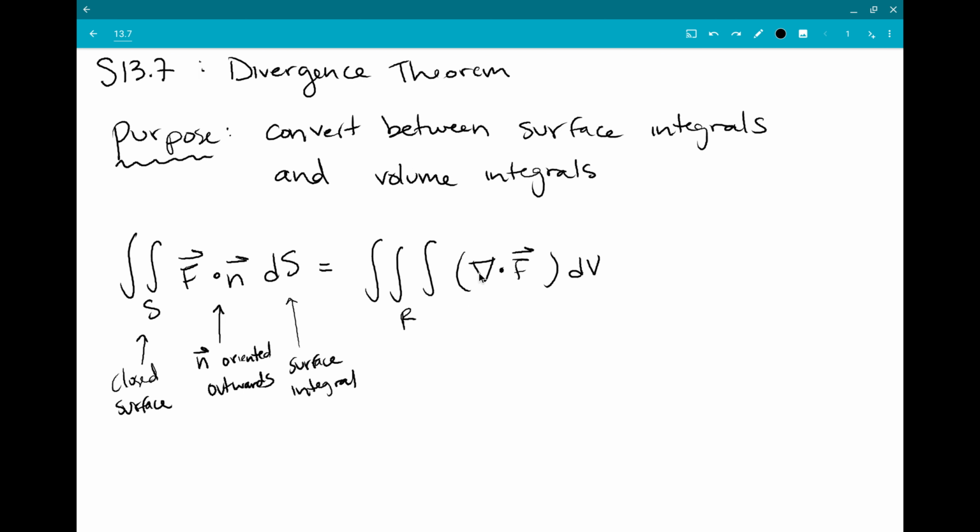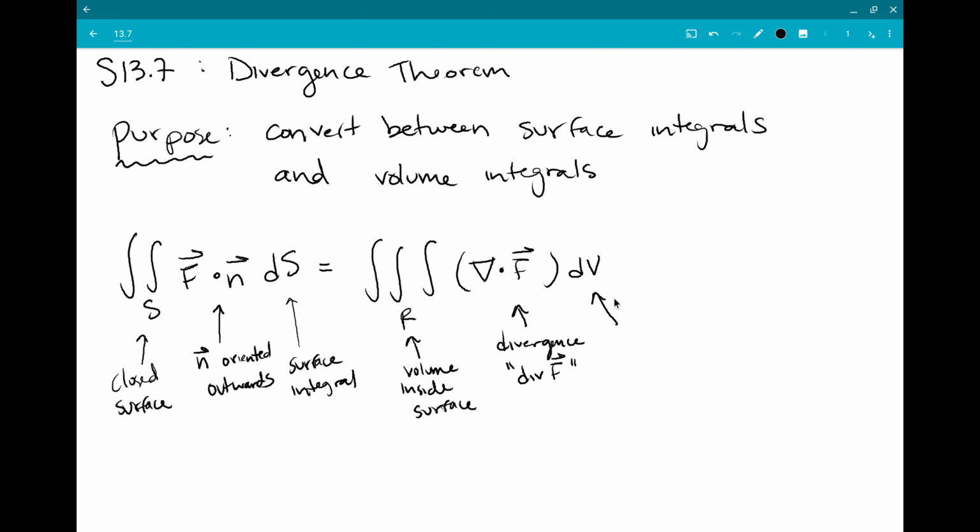And then what you're doing is you're converting it to a volume integral where the region R is the volume inside the surface. This is just your divergence that we learned how to calculate a few sections ago. You might also see it with the notation div F. I like to use the del dot F notation because that tells you how to evaluate it.